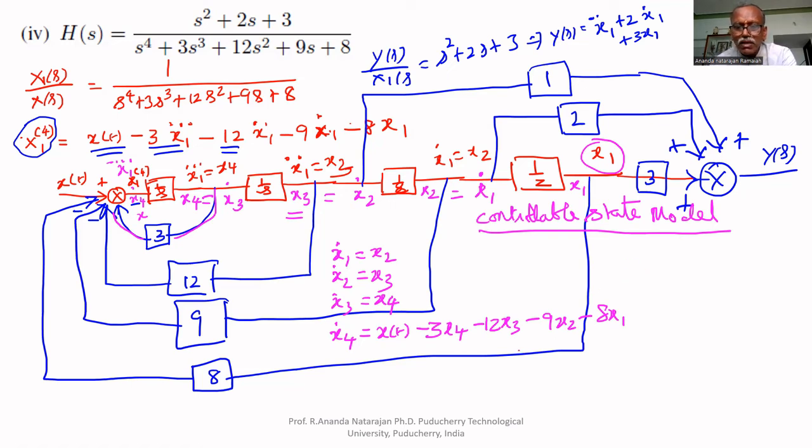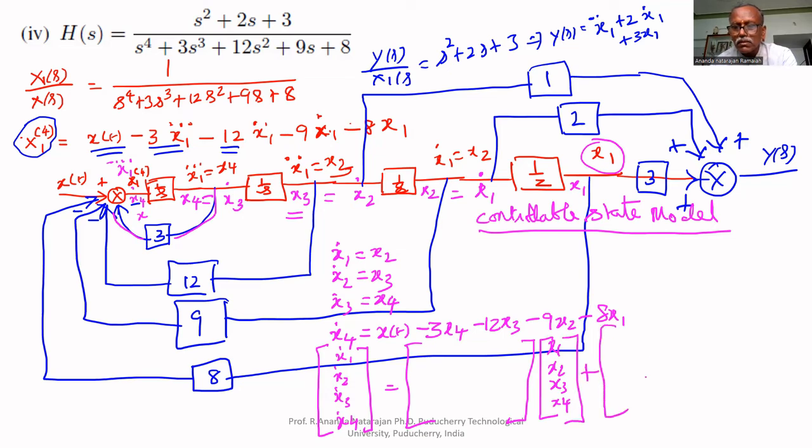So we can put this in matrix form: x1 dot, x2 dot, x3 dot and x4 dot equal to the state matrix, the A matrix, times x1, x2, x3, x4, plus the B matrix multiplied by x of t, the input. x1 dot equal to x2, therefore 0, 1, 0, 0. x2 dot equal to x3, therefore 0, 0, 1, 0. x3 dot equal to x4, 0, 0, 0, 1.